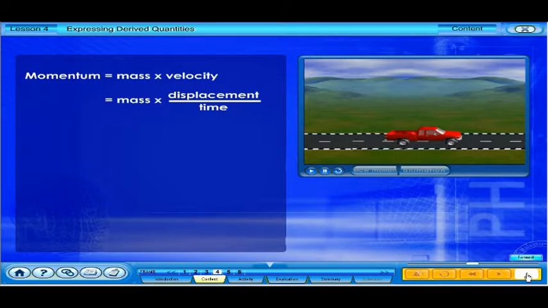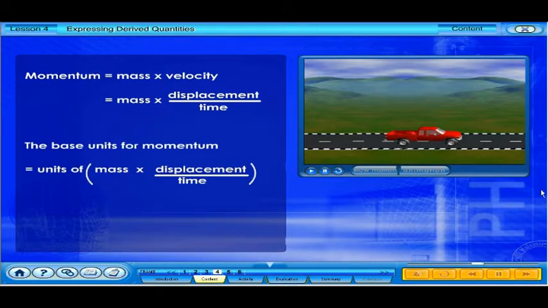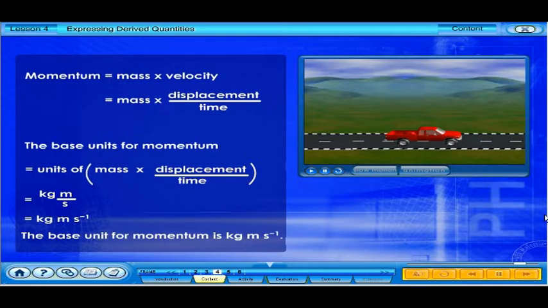Therefore, the base units for momentum equal the unit for mass times displacement divided by time. Thus, the base unit for momentum is kilogram meter per second.